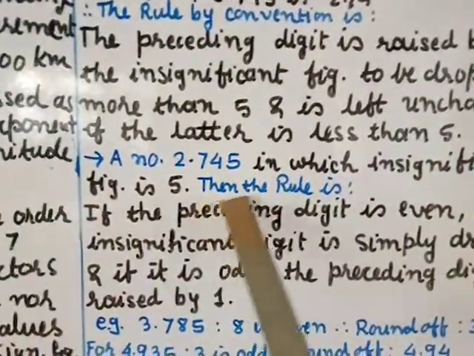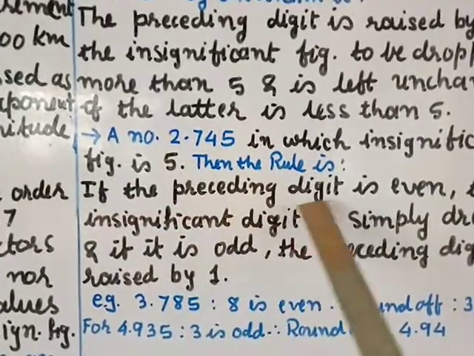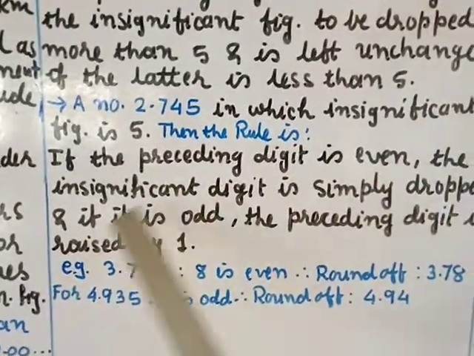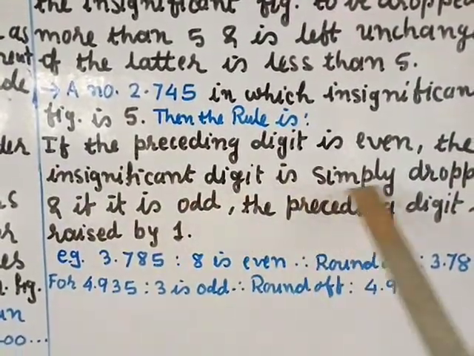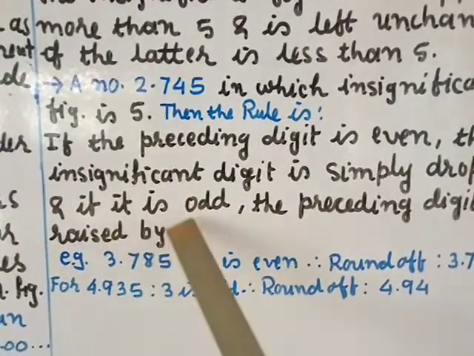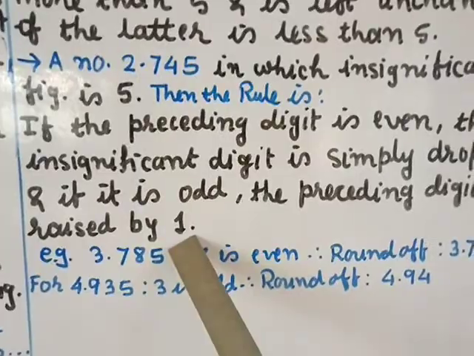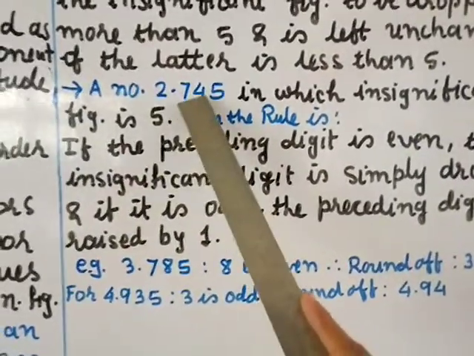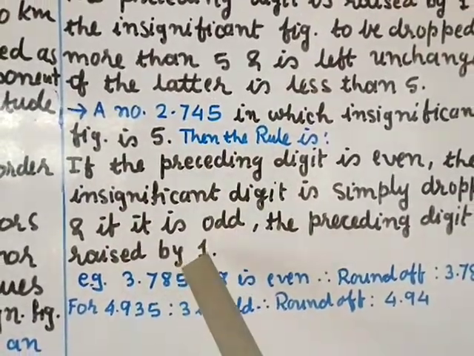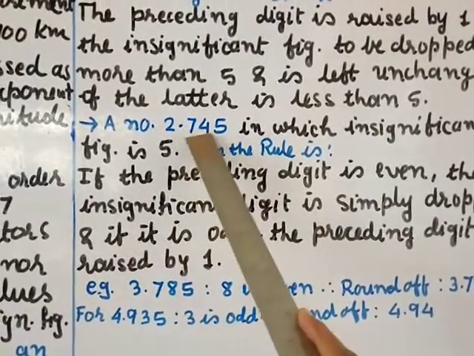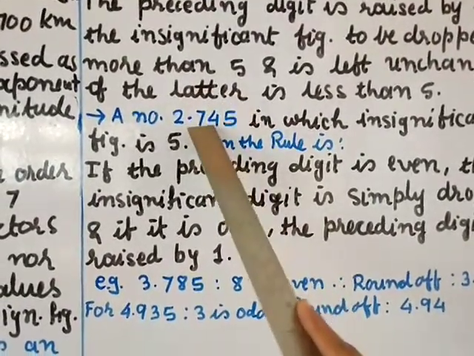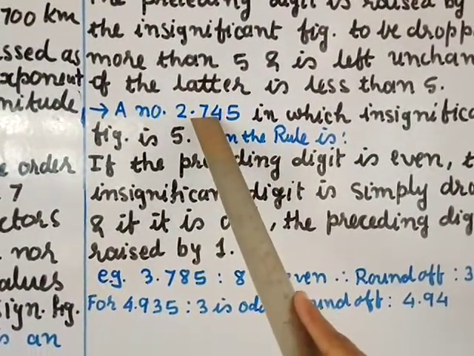If the preceding digit is even, then the insignificant digit is simply dropped, and if it is odd, the preceding digit is raised by 1. So before 5, if it is even, then you just drop it. But if it is odd, then you have to raise this digit by 1.